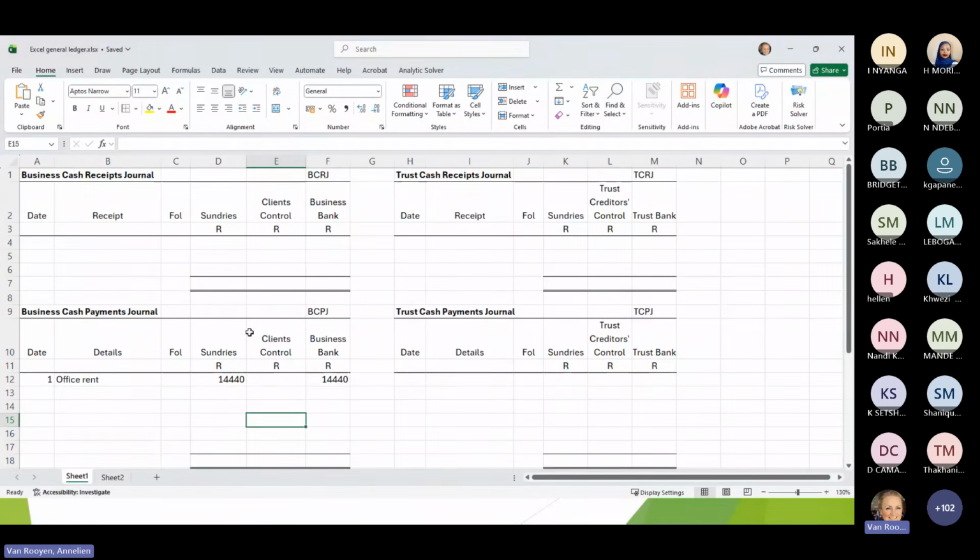Which journal are we using for that? Business cash payments journal. We purchase by EFT. Is it the receipt or a payment? The payment. Agree? Yes, ma'am. Okay. Law library.